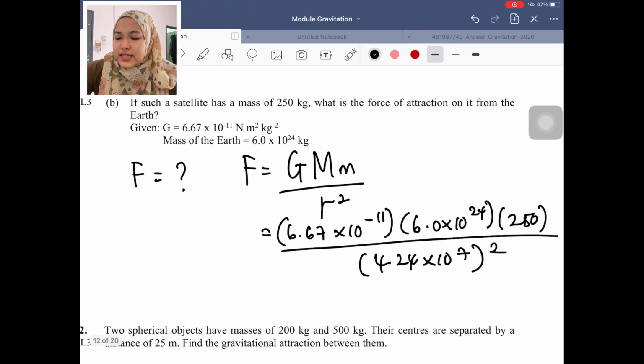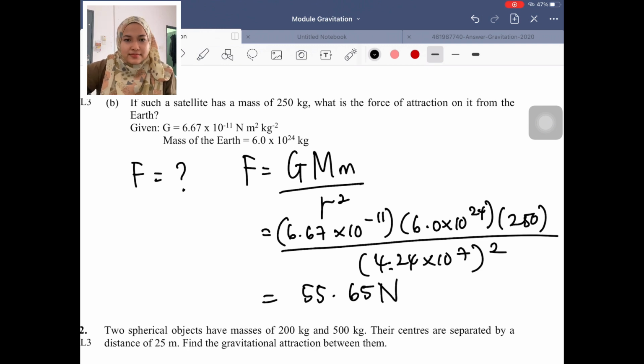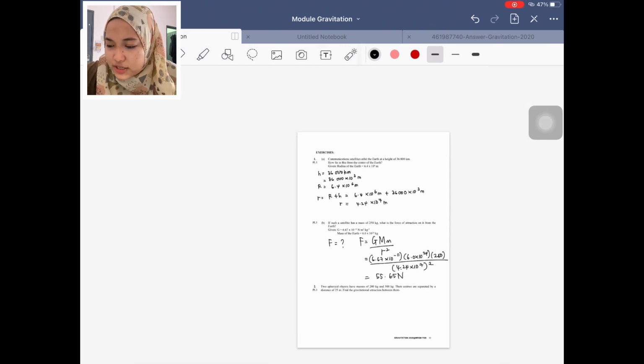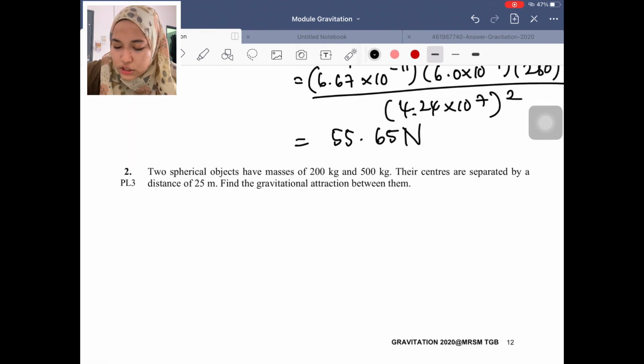Selalu silly mistake, tertinggal squared. So tolong jangan buat. Alright, so you will get the answer is 55.65 Newton.